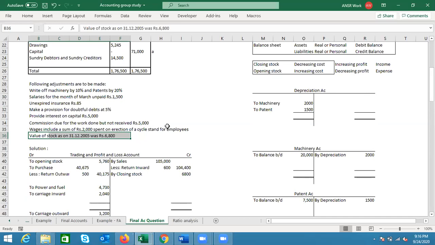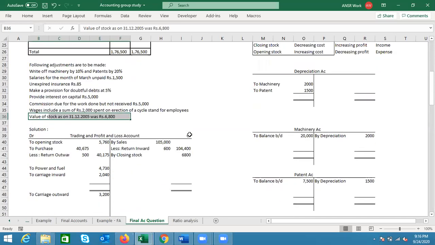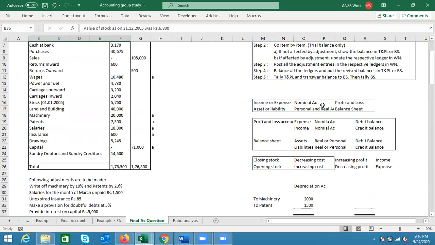Now, good news, we are done with the adjustments. We're done with the trial balance. Now we are only left with one thing. Let's go to the next step. Balance all the ledgers, put the revised balances in the trading and profit and loss account and balance sheet. Simple process, isn't it?